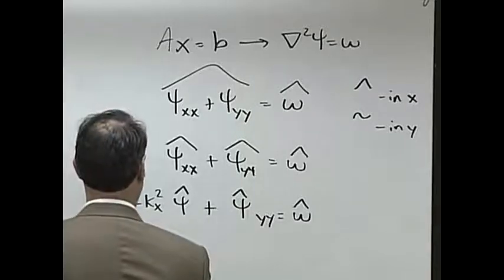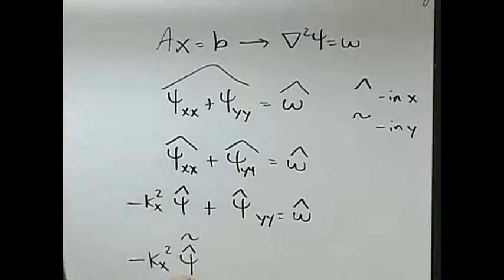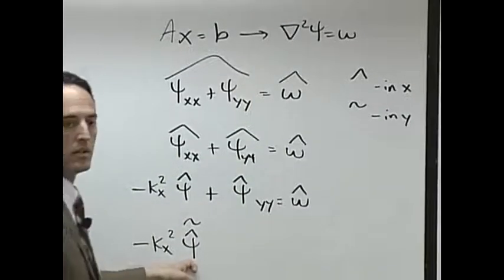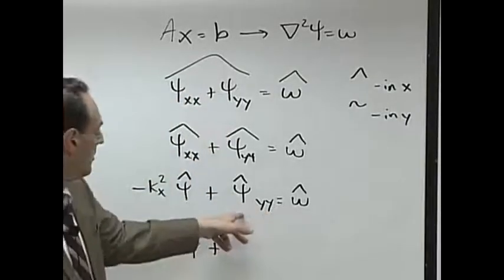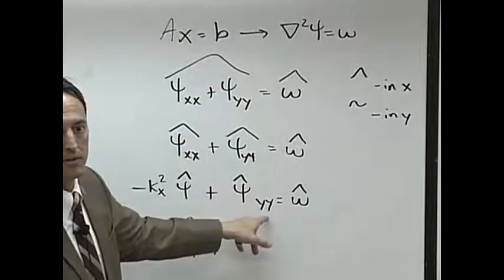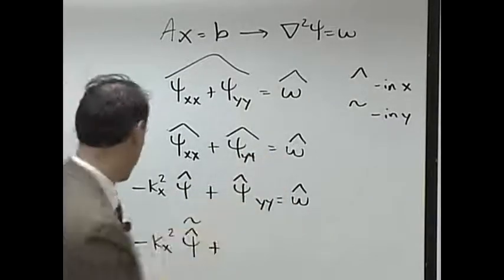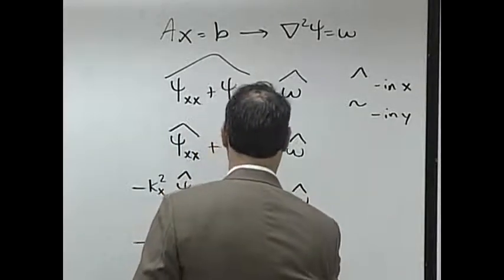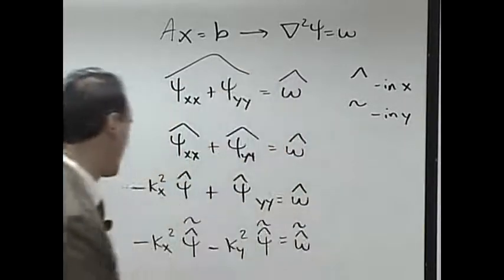This gives you negative kx squared, psi hat tilde. This means it's the Fourier transform in x and y. Plus, what's the Fourier transform in y of two derivatives in y? Pops out an iky squared. So it gives you a minus ky squared. Boom.